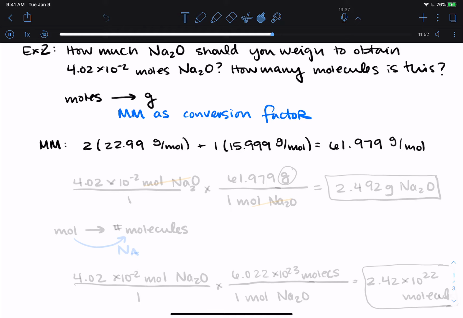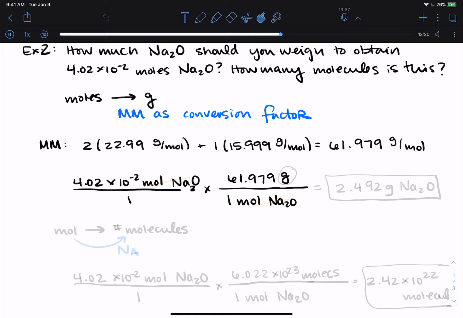So I know that I need 4.02 times 10 to the minus 2 moles of sodium oxide. And I just calculated the molar mass. I know that 1 mole of sodium oxide weighs 61.979 grams.